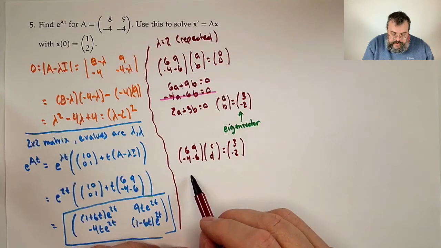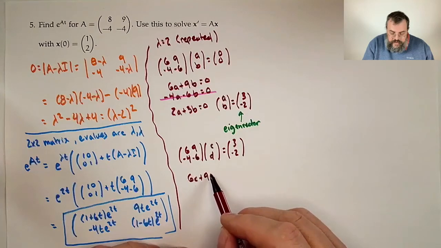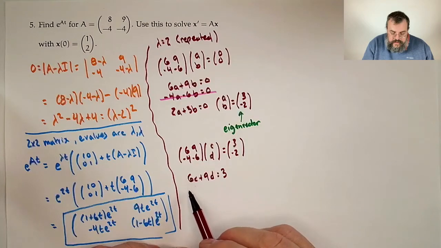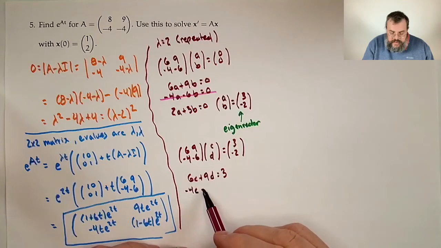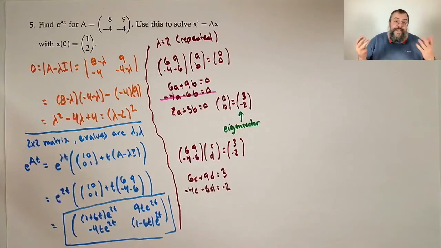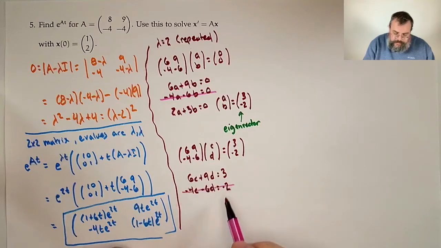So we get a system of equations. 6c plus 9d equals 3, and minus 4c minus 6d equals negative 2. But again, it's really the same equation. There's redundancy.